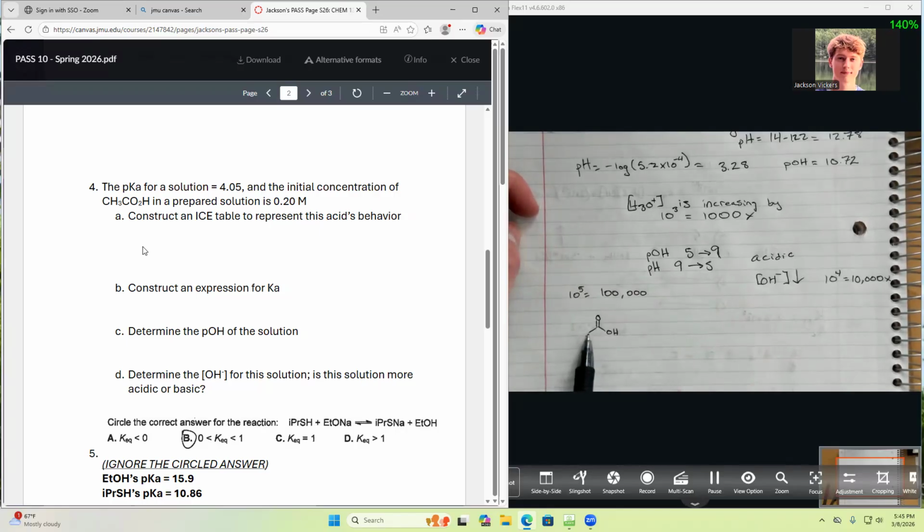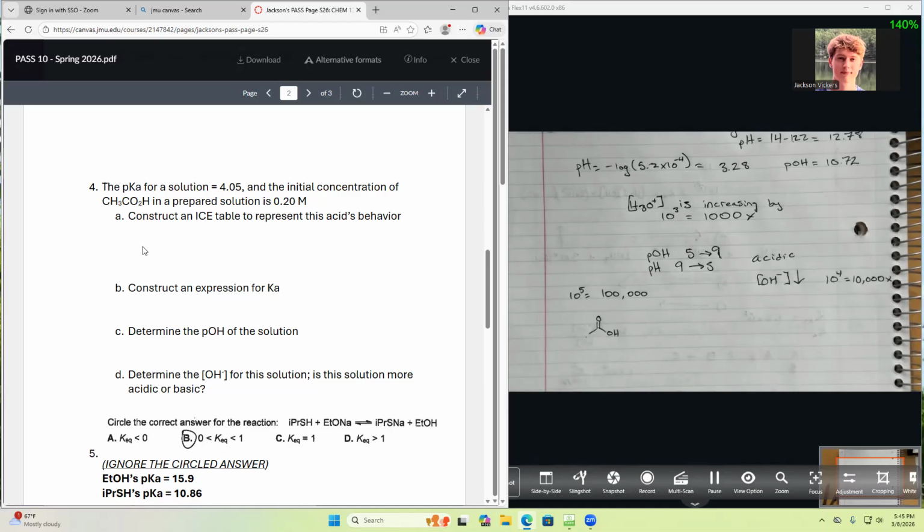We have the CH3, CO, so the 2 O's, and then an H. And for anyone going on to Orgo or biochem, carboxylic acids are really one of the most common acids that we see in the human body. So they're very important. But we're also told we have a pKa and it's 4.05.